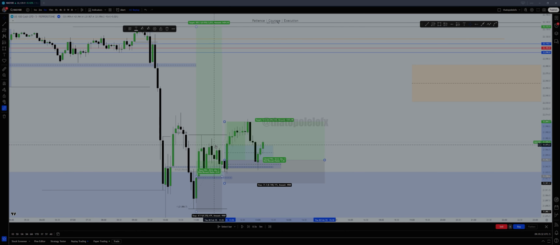Because it's an intermediate term low. I'll teach you about intermediate term lows and highs in the future, because this is part of advanced market structure. And then I used my high, the candle range high, as my take profit. And then I just left the markets.